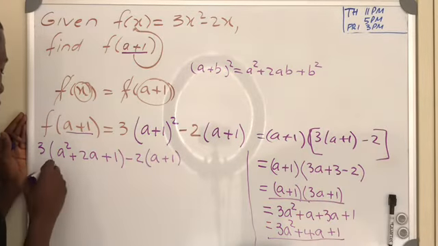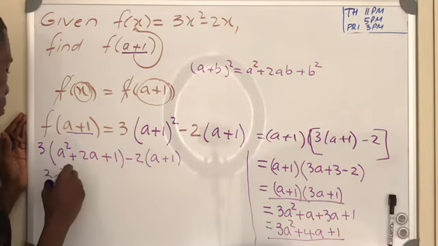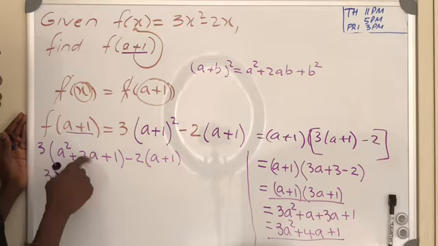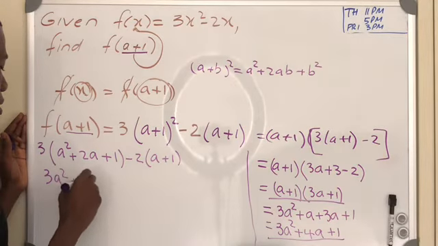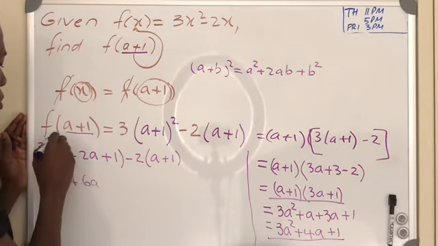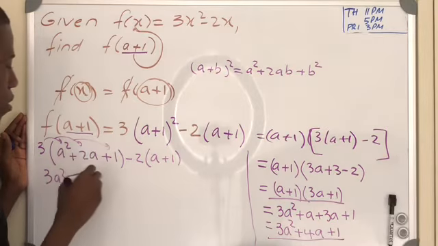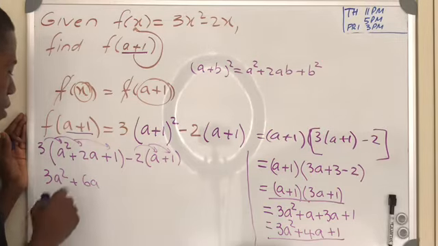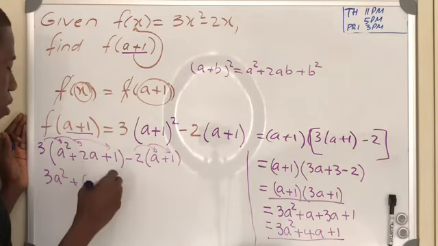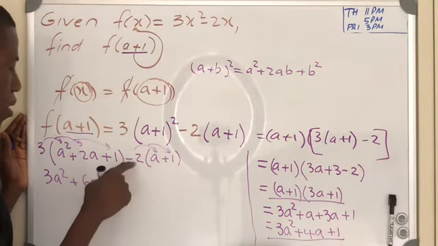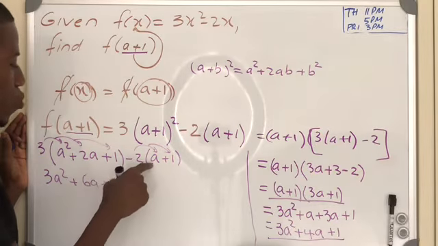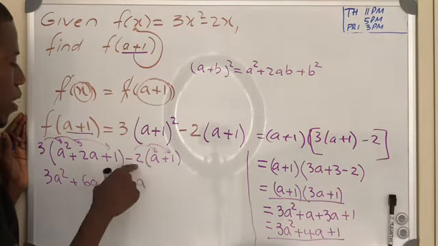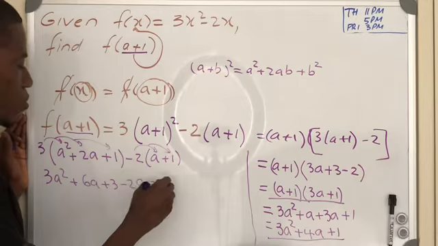So I can say that's 3a squared, 3 times 2a is plus 6a, because I have to multiply 3 by all of this and 2 by all of this. 3 times 1 is plus 3, minus 2 times a is 2a, minus 2 times 1 is minus 2.